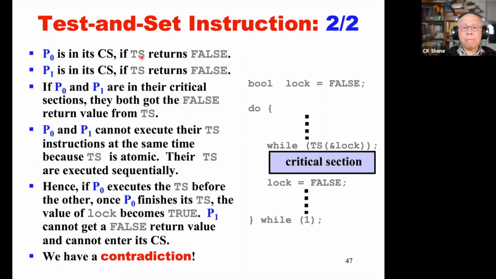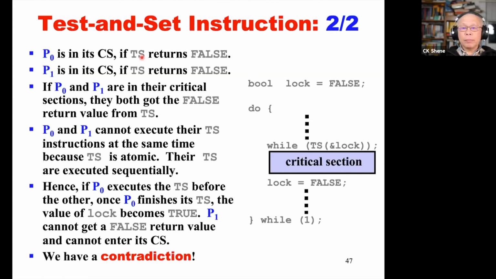Now, what if P0 and P1 are in their critical section at the same time? So P0 and P1 both receive false from the TS instruction. Can that happen? I would say no. Because P0 and P1 cannot execute the TS instruction at the same time because TS is atomic.